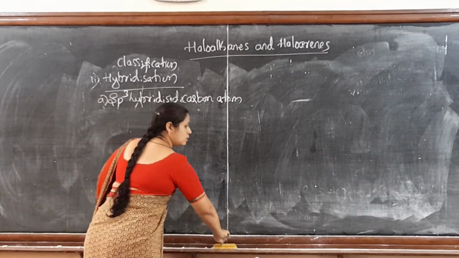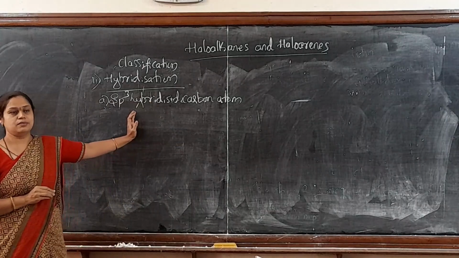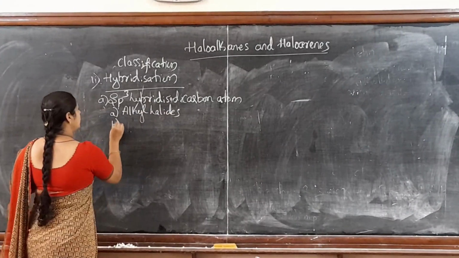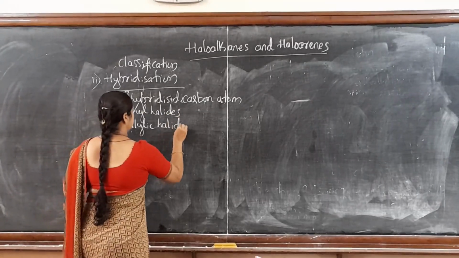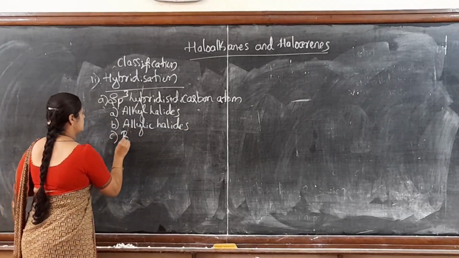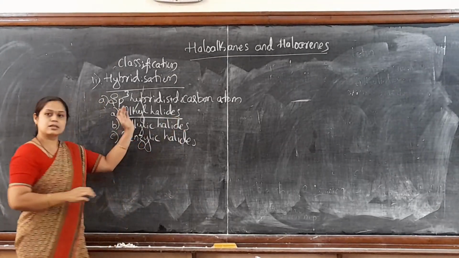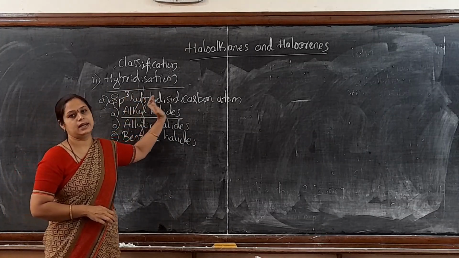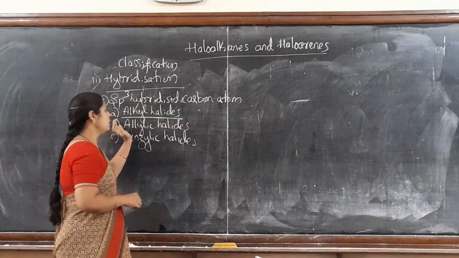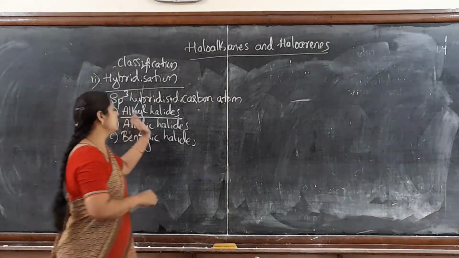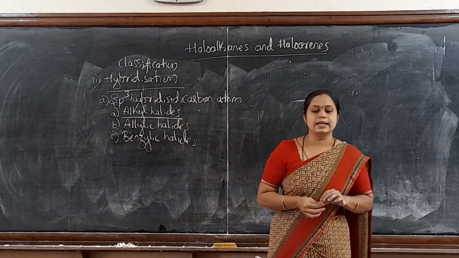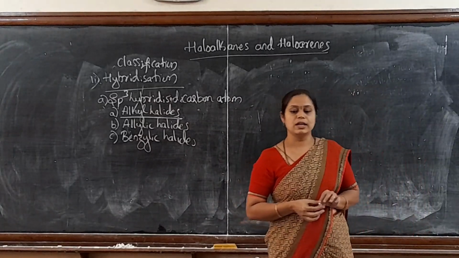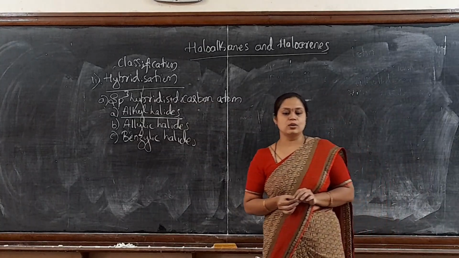Based on this, it is classified into alkyl halides, allylic halides, and benzylic halides. The alkyl halides we discussed in the monohaloalkanes, that is primary alkyl halide, secondary alkyl halide and tertiary alkyl halide. Now we move on to the allylic halides. These allylic halides are the monohalogen derivatives of alkenes and cycloalkenes.